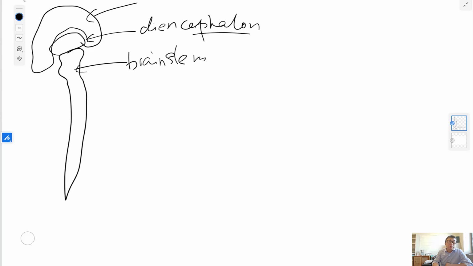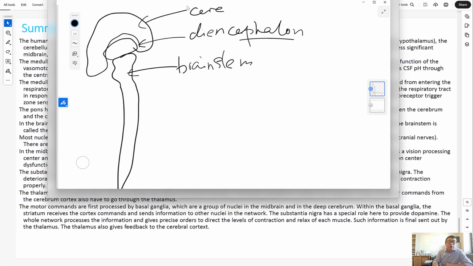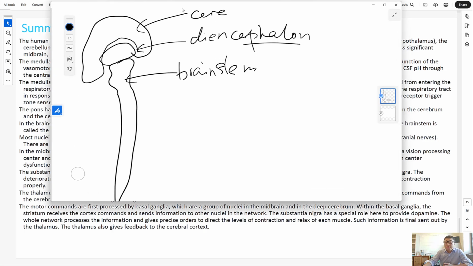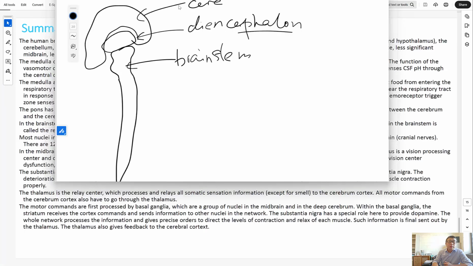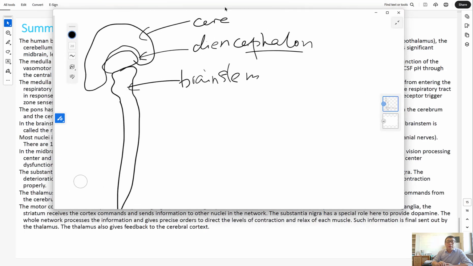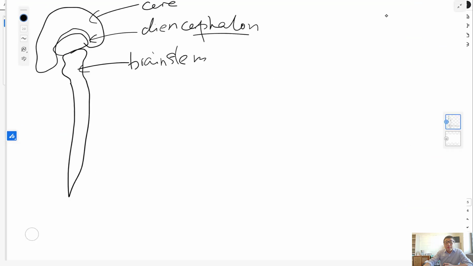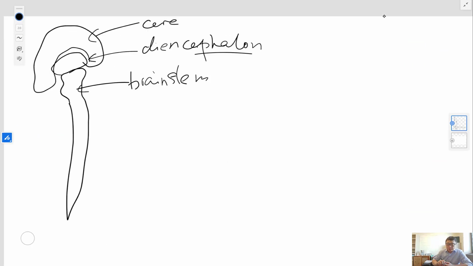Overall, for this whole thing, this is the biggest part of the brain, called the cerebrum.